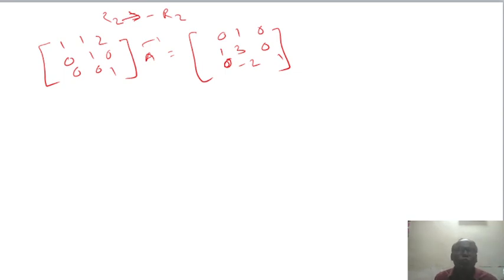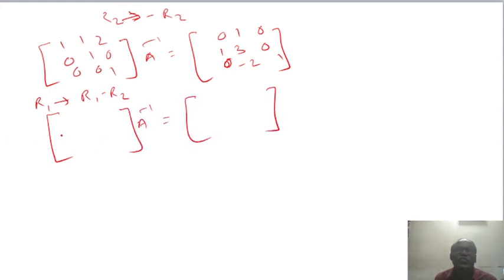Now what we want here? We want 0. How to make it 0? R1 is changed to R1 minus R2. There is a change in R1. Remember this thing. Therefore, what we get? This multiplied by A inverse is equal to this one. There is change in R1. R2 is as it is, 0, 1, 0, 0, 0, 1.